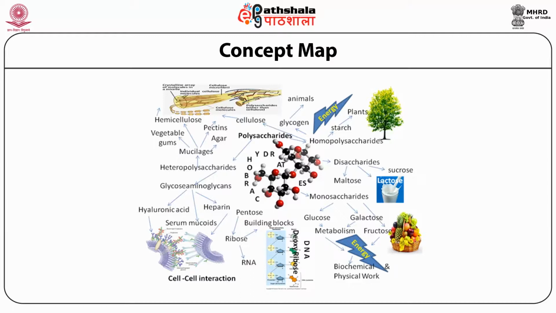They play an important role in cell functioning like cell-cell interactions and cell-cell recognition. They act as building blocks and give structural stability, like hemicellulose, pectin and cellulose, and they are a good source of energy for the future, like glycogen and starch. It can be stored for a long time.